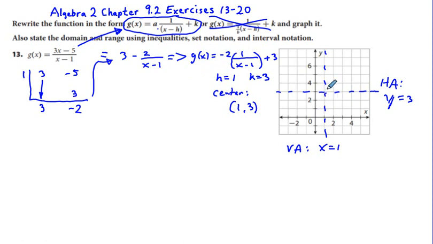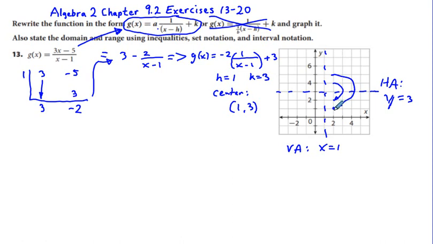So that means if we take a point 1 comma 1, which would be 1 to the right and 1 up from the center, and we stretch by a factor of 2 and reflect about the x-axis, that's going to, if we multiply by negative 1, rotate about the horizontal asymptote and then stretch by a factor of 2, or you could stretch by a factor of 2 first, like this, and then rotate down like this.